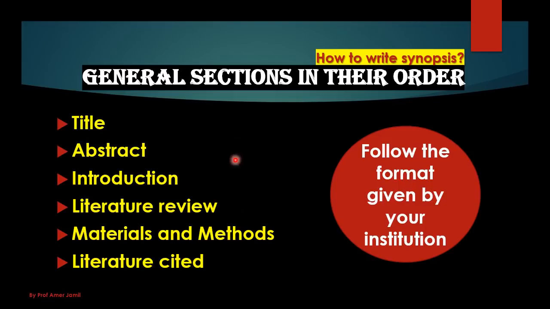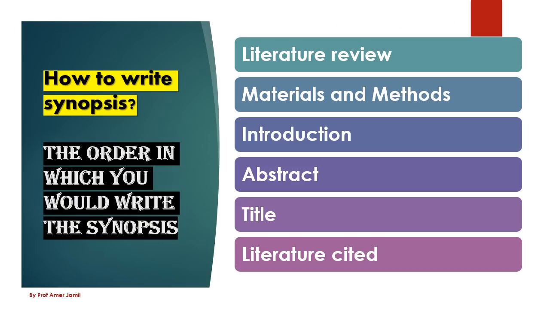Apart from these sections, there are some cover pages, and then there are some pages where your supervisory committee or scrutiny committee has to do signatures. So that also has to be included before and after the synopsis, before presenting.